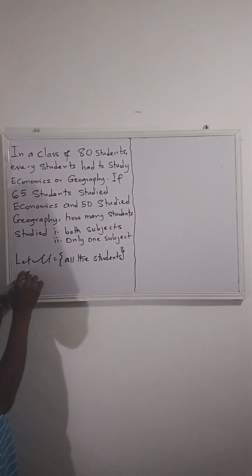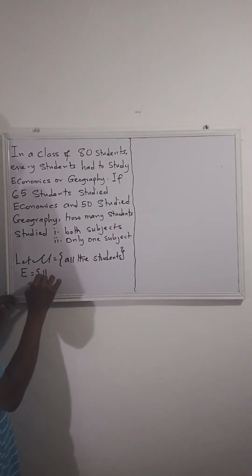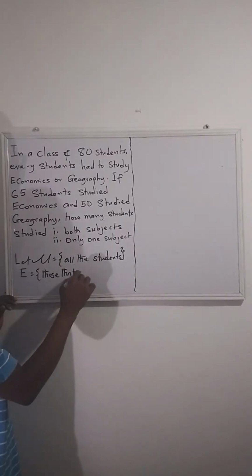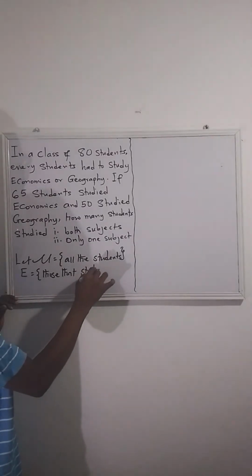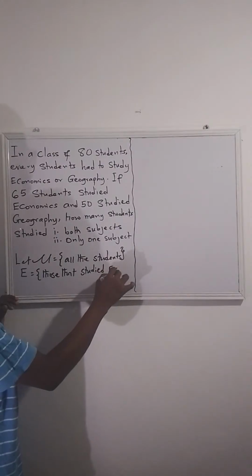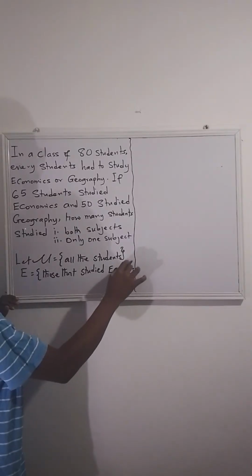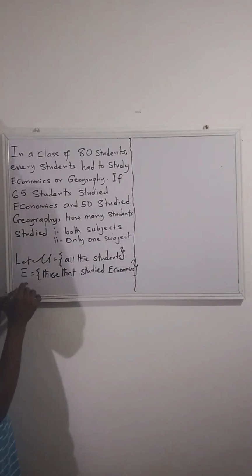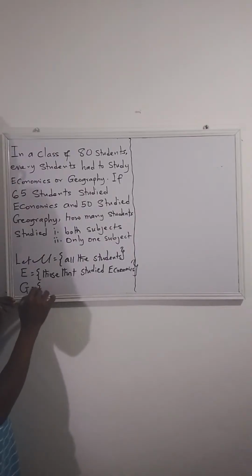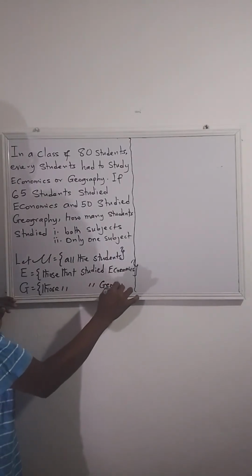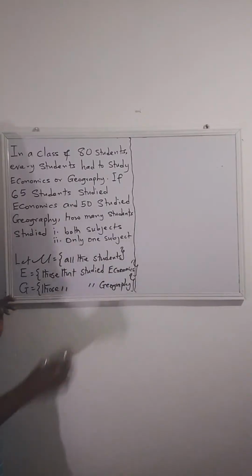Okay, and we have E to represent those that studied economics. Okay, and G to represent the set of those that studied geography. Okay, do we get that now?